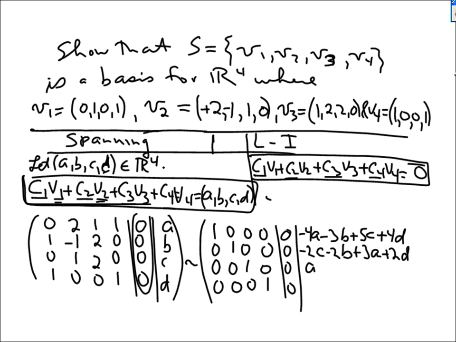And then I got a plus b minus c minus b. And for the last one, I got 4a plus 3b minus 5c minus 3b. Okay. First time through, just ignore the last column.